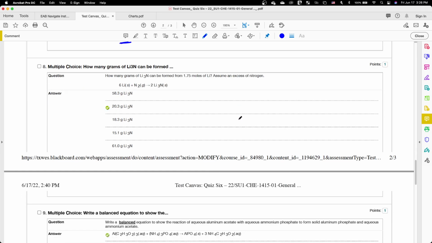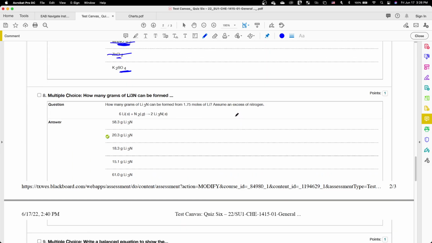All right, so the next couple of questions are just molar ratios of stoichiometry, which are super simple. We did this a few times in class already, but we'll do it again here. So you have lithium nitride. You have 1.75 moles of it. Assume that you had excess nitrogen in this reaction. So how many moles of lithium nitride can be formed? Well, pretty simple here.